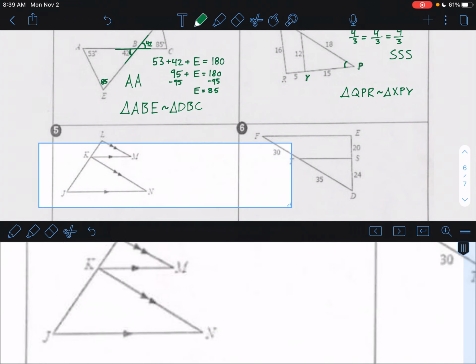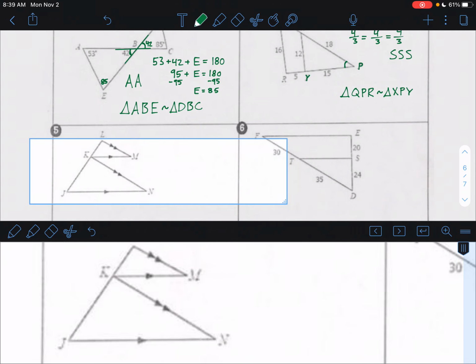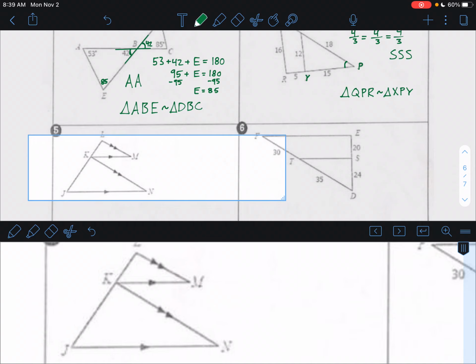Okay, on number 5, the only markings I'm given are some parallel lines. So I know KM is parallel to JN, and that's going to make this JL a transversal.